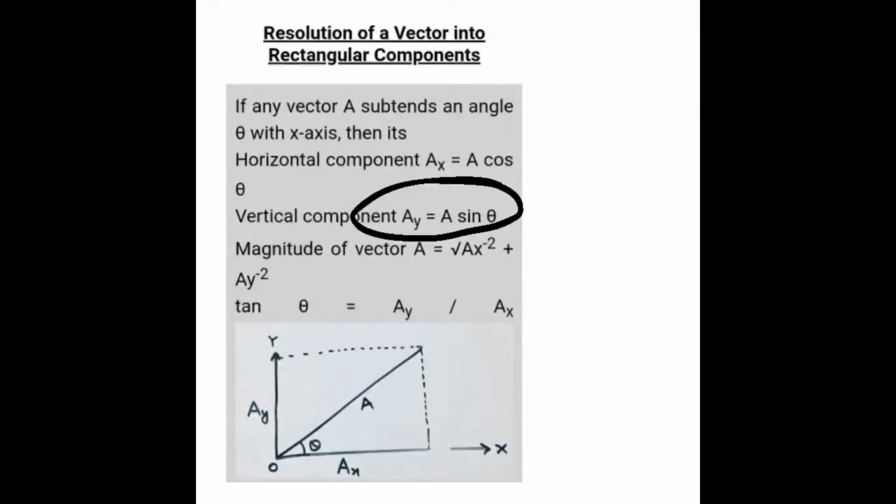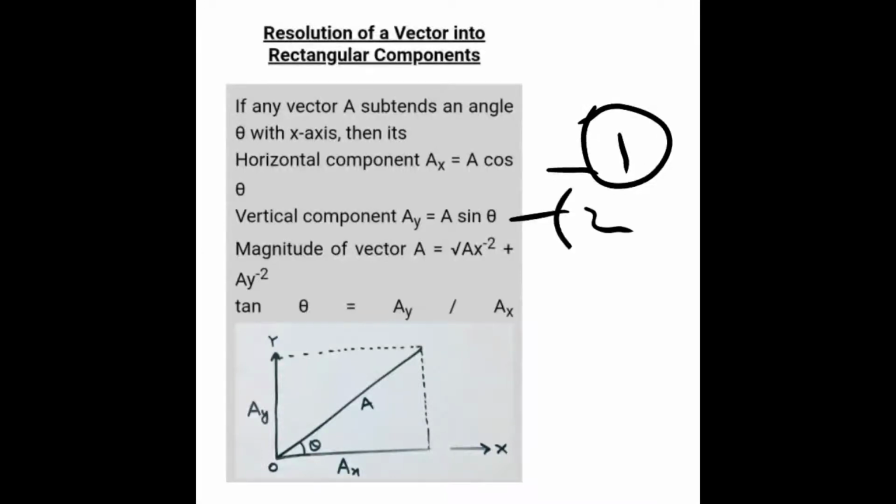So this is the vertical component. Similarly, from the same triangle, cos theta will be Ax by A, or Ax equals A cos theta. So this is the horizontal component. Let me consider this as equation number 1 and this as equation number 2: Ax equals A cos theta is equation 1, Ay equals A sin theta is equation 2.